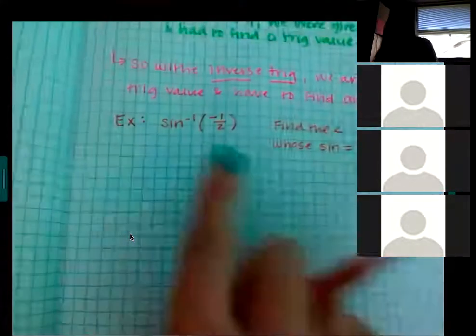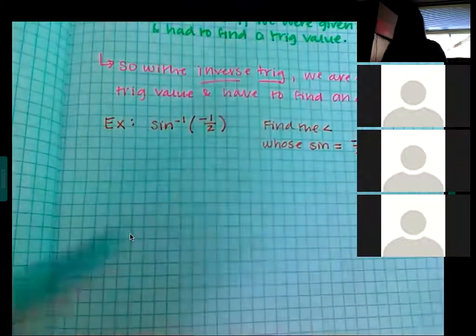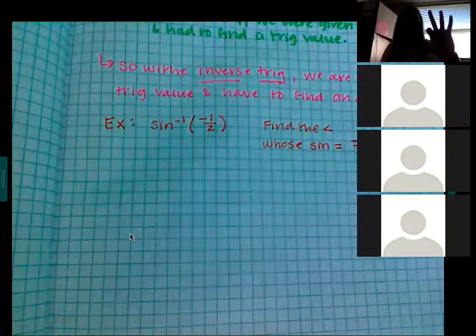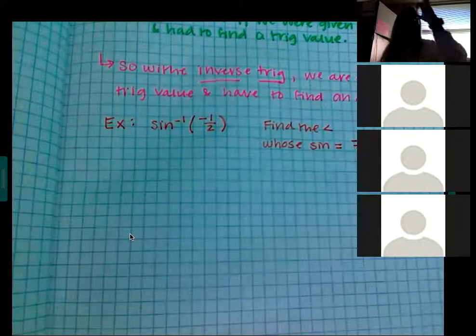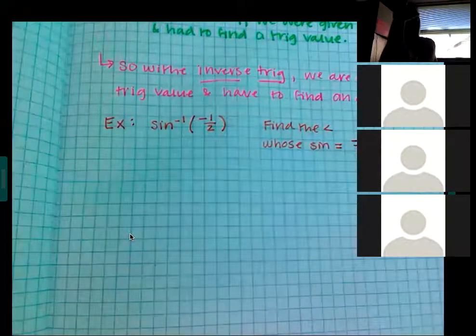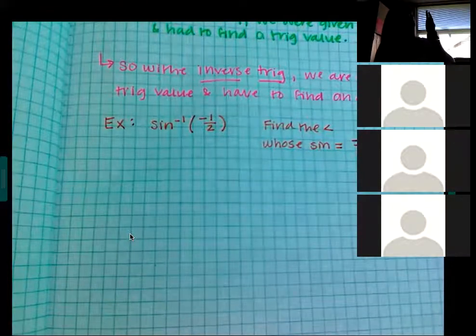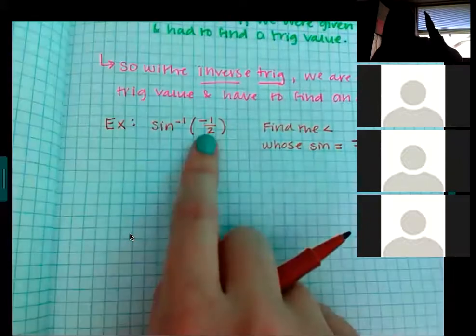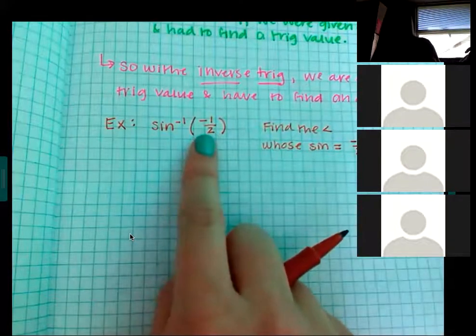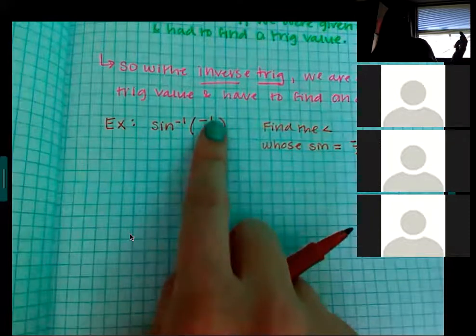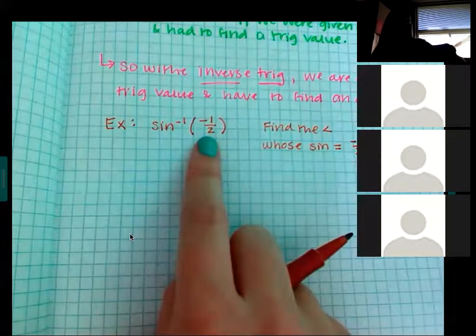If I just give you this, then you guys could tell me, all right, use your hand trick, look at me. The sine, the y value, is 1/2 at that first angle, which is what? Pi over 6. The sine is negative in 3 and 4, so I don't know which one to pick unless I restrict it. If it's negative, we know it's got to be in quadrant 4 because this is odd.